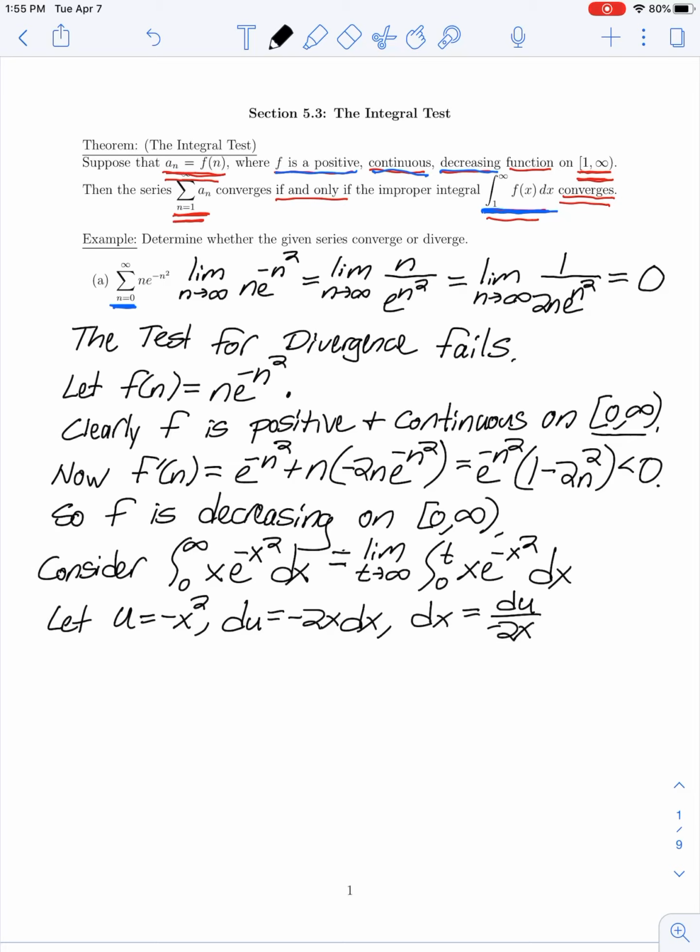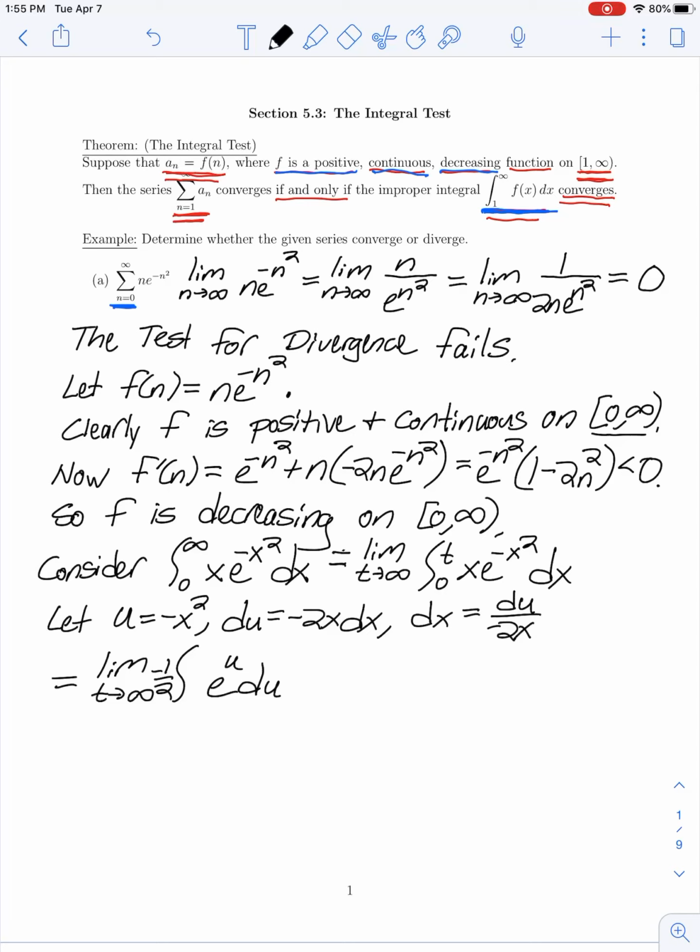So when we evaluate our antiderivative for this improper integral, we have the limit as t approaches infinity, and then our integral in terms of u is now e to the u du with a factor of negative 1/2 out in front.